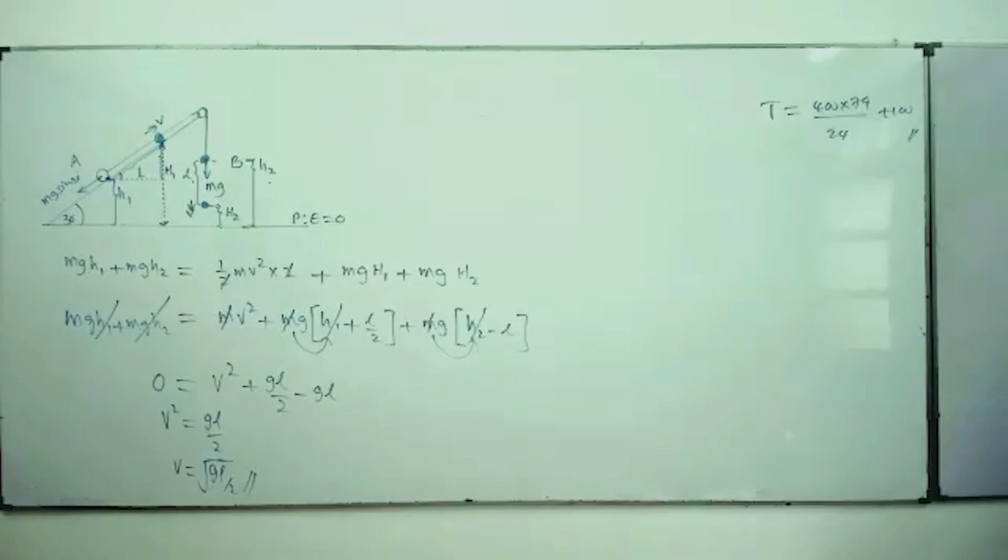A uniform rod of length 2a rests with one end in contact with the inner surface of the bowl and a point of the rod in contact with the rim of the bowl. Find the length of the rod beyond the rim of the bowl. But a similar question I think we have done in our theory classes.